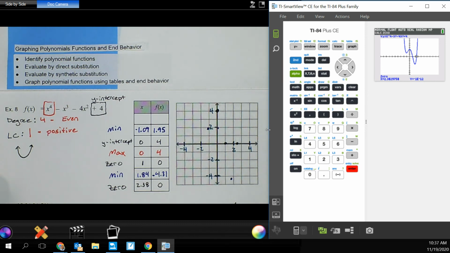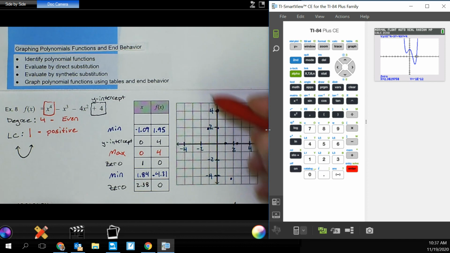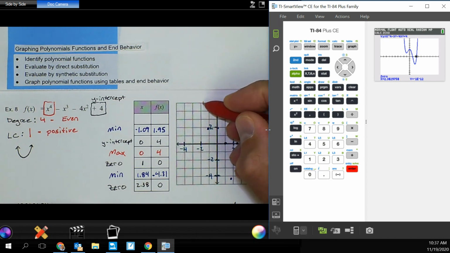And then all I have to do is just sketch a graph that goes through those points. So I know my end behavior is going to start up here, work its way down to the minimum, go to the y-intercept, which also happens to be the maximum.